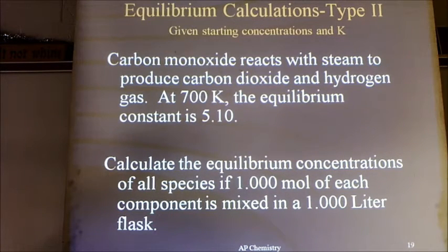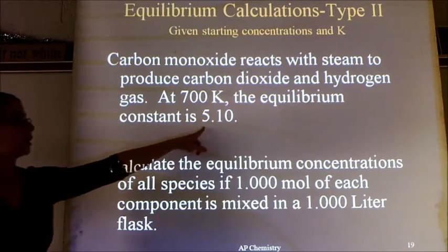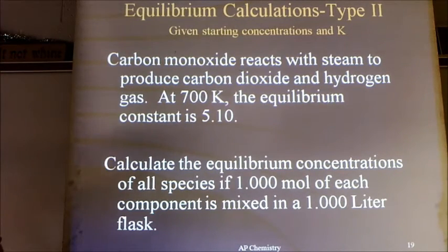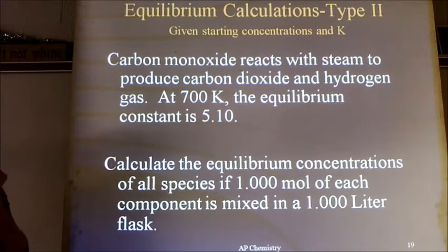It says at 700 K, the equilibrium constant is 5.1. Now that's different from the previous two problems. I'm given the value for K. I don't have to calculate it. Calculate the equilibrium concentrations of all species if 1 mole of each component is mixed in a 1 liter flask.